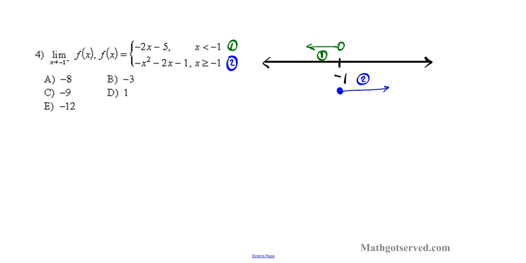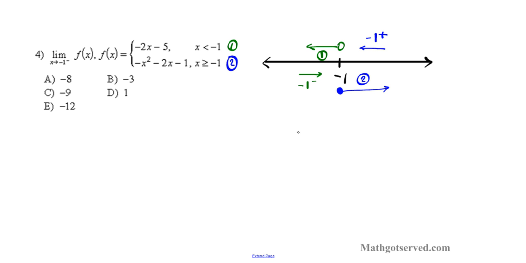Now if you're approaching negative 1 from the left, function 1 will be active, and if you're approaching negative 1 from the right-hand side, function number 2 is going to be active.